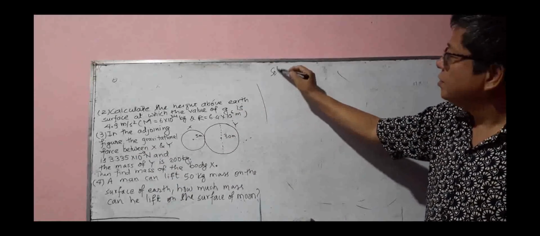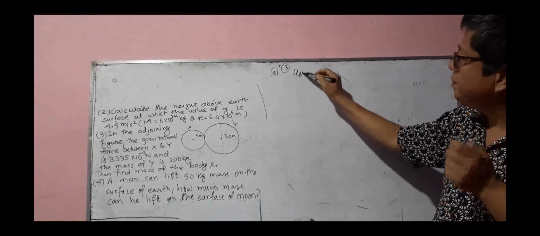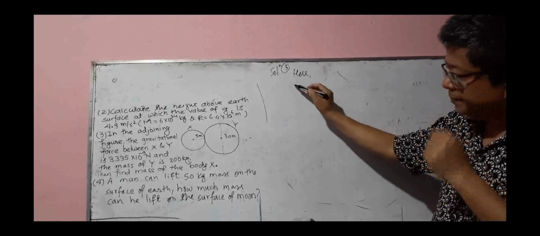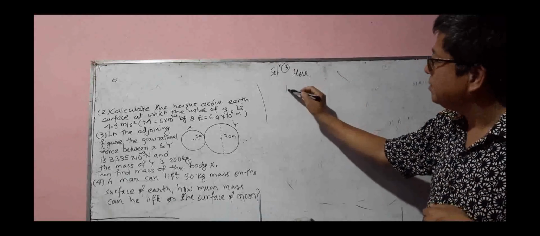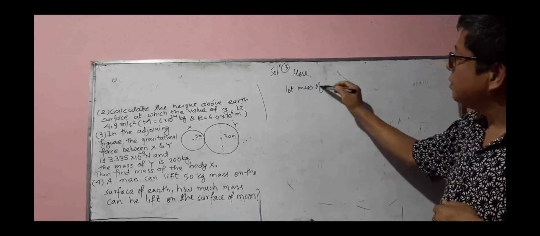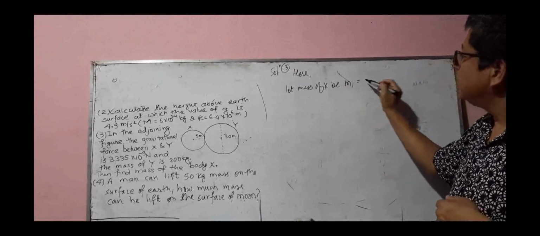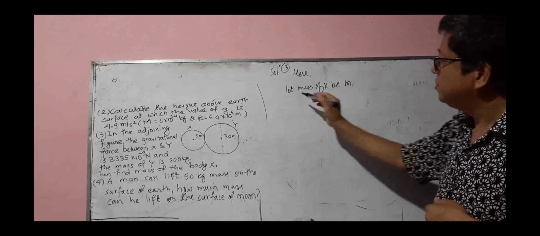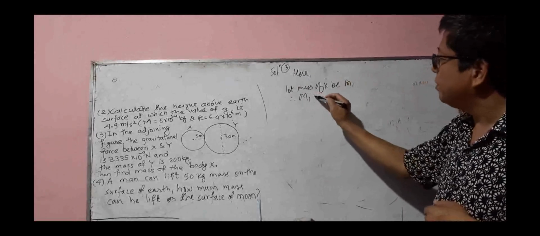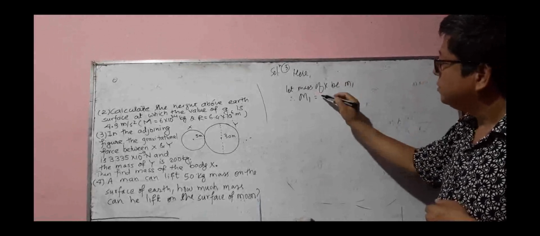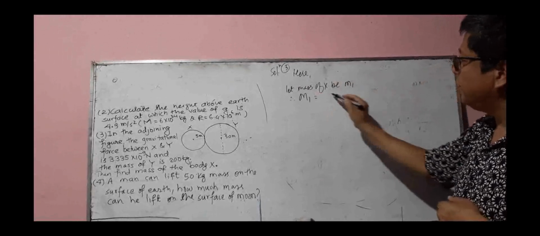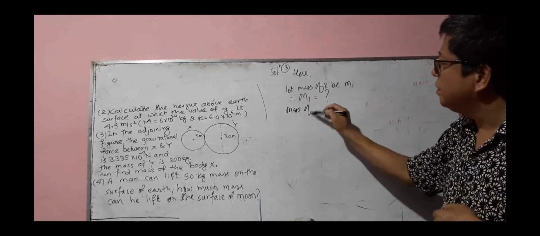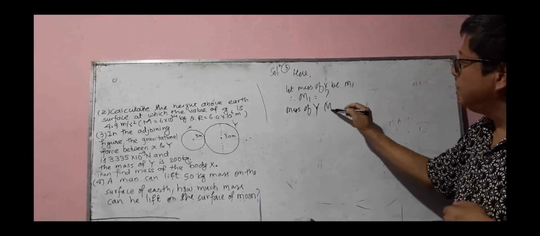Okay, so the solution of 3 here, we are given that the mass. Let the mass of x be m1, and therefore you can write m1 is equal to, m1 we have to find, and mass of body y, that is m2, is given.